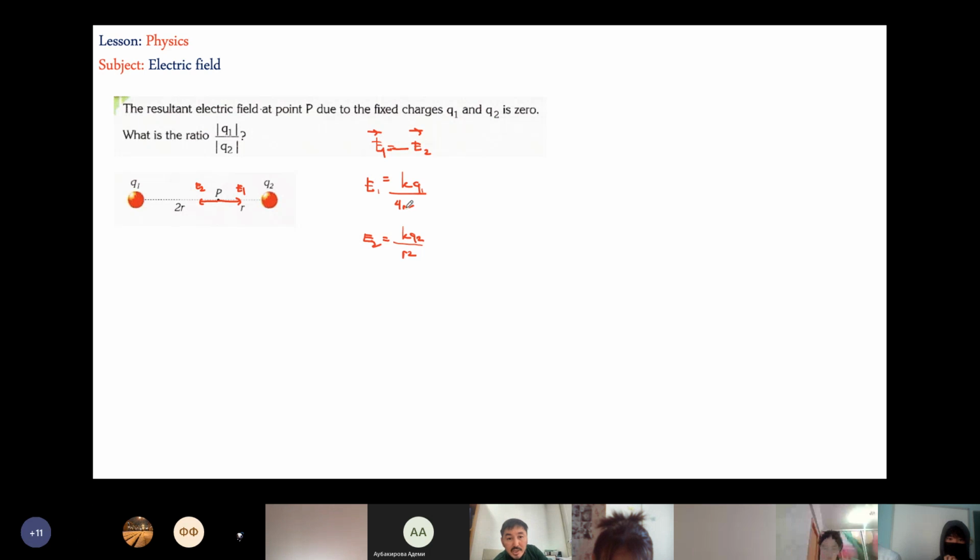Since E1 and E2 are equal, K times Q1 over 4R squared should be equal to K times Q2 over R squared. I can simplify this K. So Q1 over Q2, of course, will be 4R squared over R squared. I can simplify that out.